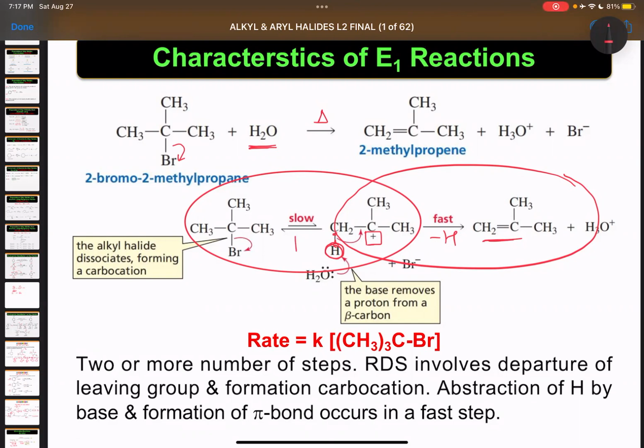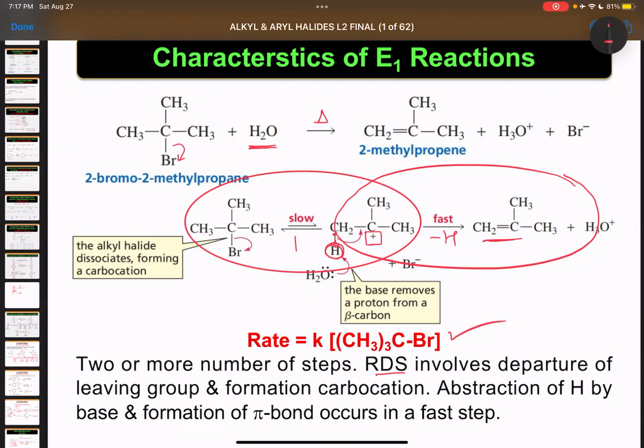Because this is the slow step, this is the RDS. So departure of the leaving group is a slow step. It is the rate-governing step. It is the difficult step which leads to the formation of a carbocation after the removal of the leaving group. And that happens by heating. This is followed by removal of H plus, which leads to the formation of the double bond.